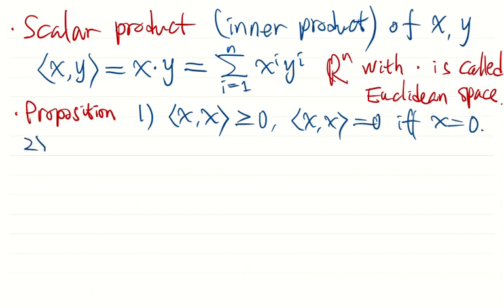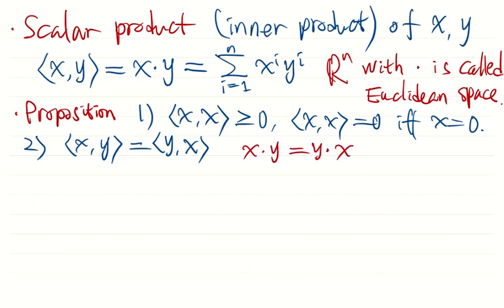The second property is symmetry, xy equals yx. Of course, if you prefer the dot notation, this is the same as x dot y equals y dot x.